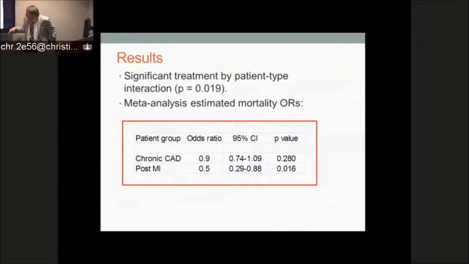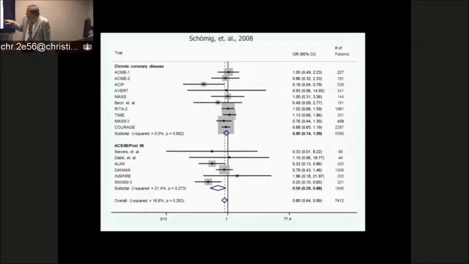Obviously the conclusions that you would make are quite different, and this is the forest plot with the two groups of patients sorted out. There are some interesting things here. First of all, notice that the I-squared for the CAD patients is 0.